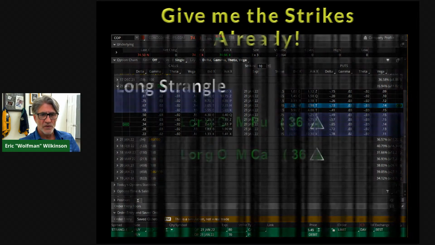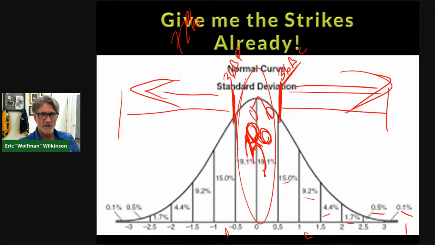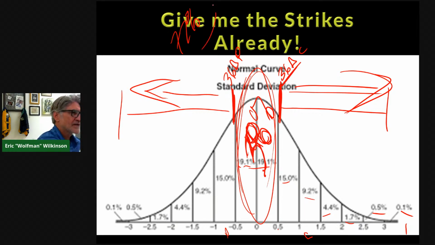Let's go back to the standard deviation curve real quick. If we're adding up 36 and 36, that means the underlying can go up here or down there. So the likelihood that it stays right here in the middle, if we add these up, is basically a 38.2% probability. So that means everything else is a 72%.